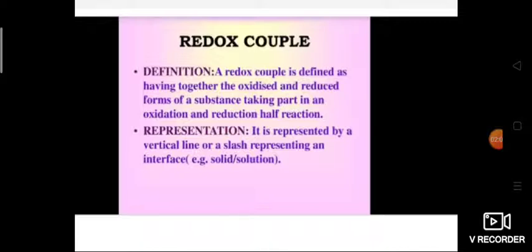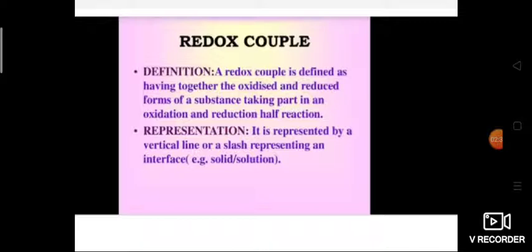For example, in this reaction we have used zinc and copper sulfate. Zinc is oxidized to Zn2+, and Cu2+ is reduced to copper.